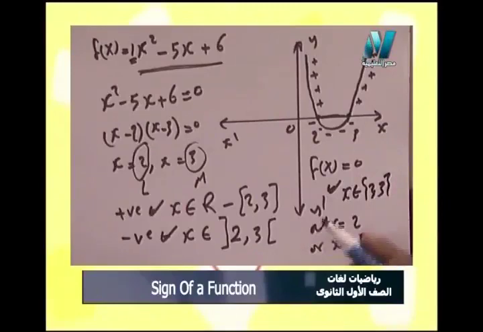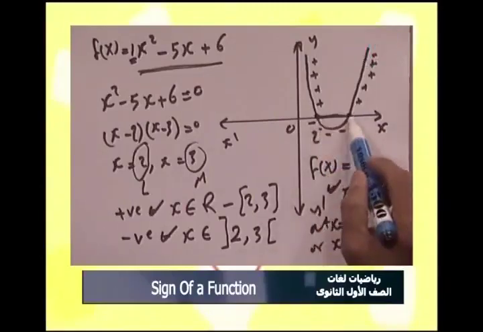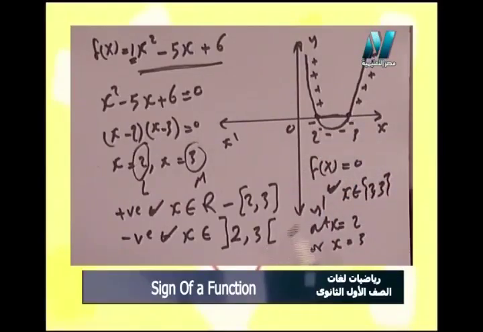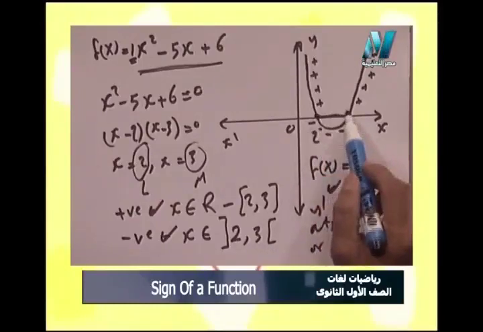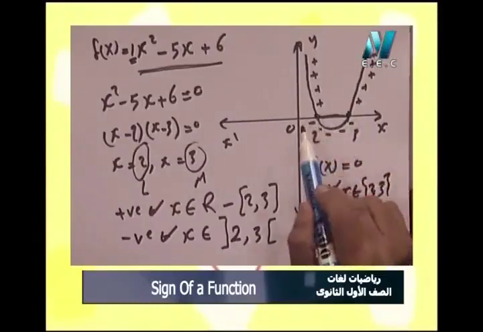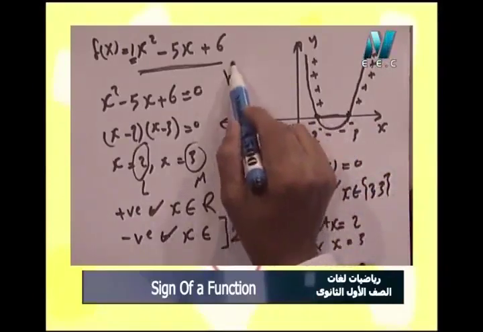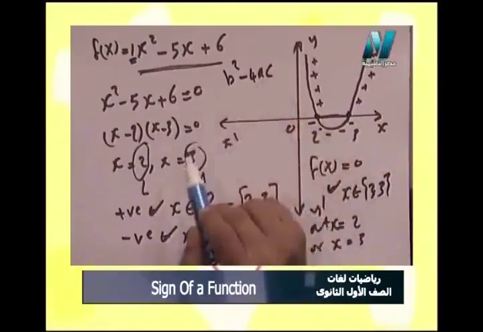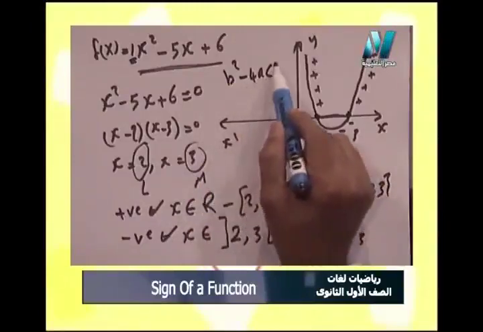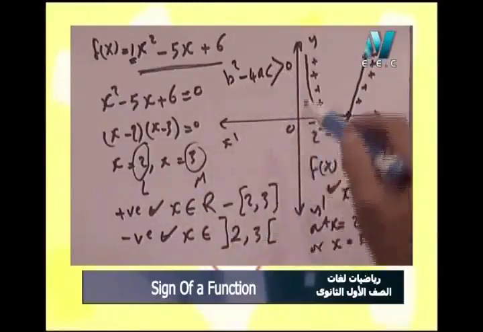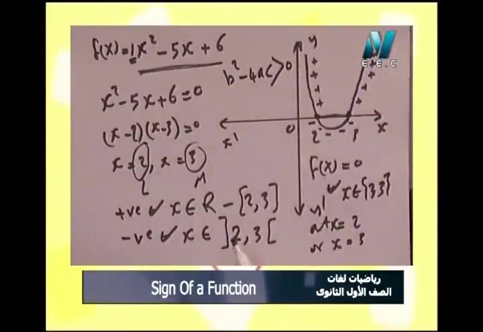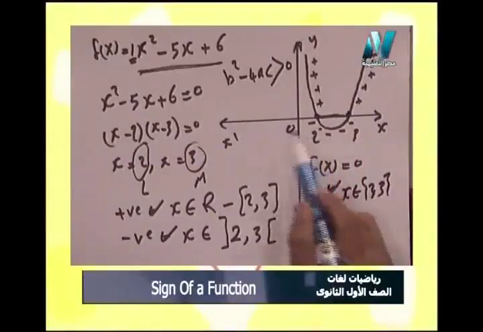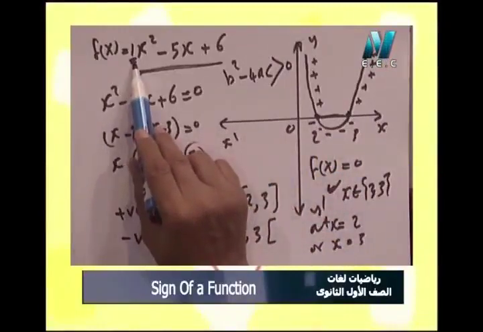Okay, we notice that when the function has two different roots, you will remember the discriminant. Discriminant will be b power 2 minus 4ac, and when this discriminant is greater than 0, then the quadratic function here has two different roots, as 2 and 3. So the function before 2 will be as the coefficient of x power 2.